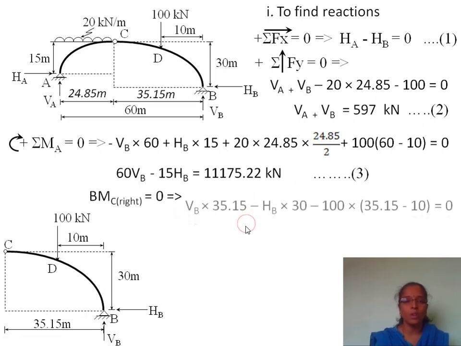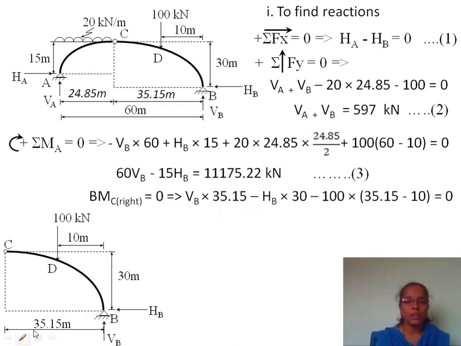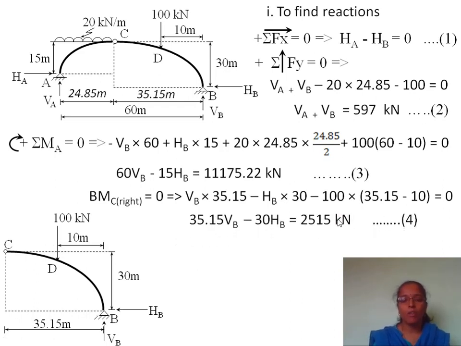This gives VB into this distance 35.15, minus HB into this 30, H2 is 30, and then 100 into 35.15 minus 10, which is the distance between C and D. If you simplify this, you will have 35.15 VB minus 30 HB equal to 2515 kilonewton. Take it as equation 4.